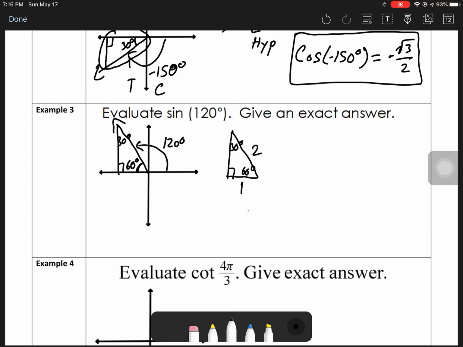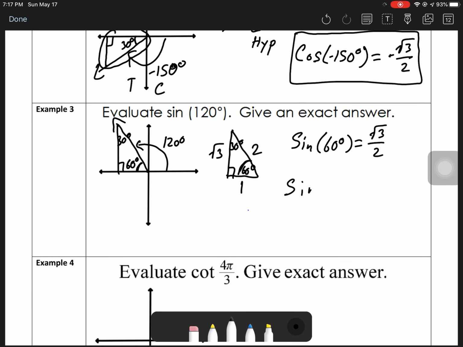Across from the right angle, the hypotenuse, is 2, and then across from the 60 is square root of 3. We're using those values a lot. Okay, so we are looking for sine of this angle right here, 60 degrees. Sine is opposite over hypotenuse. So if we were looking for the sine of 60 degrees, it would be square root of 3 over 2.